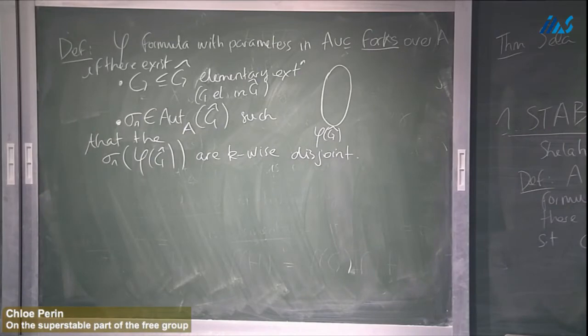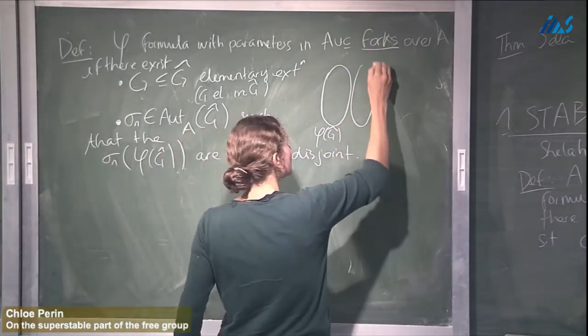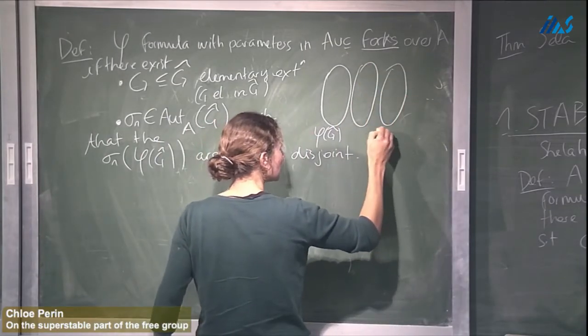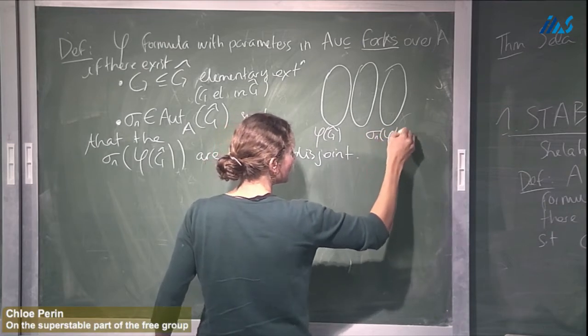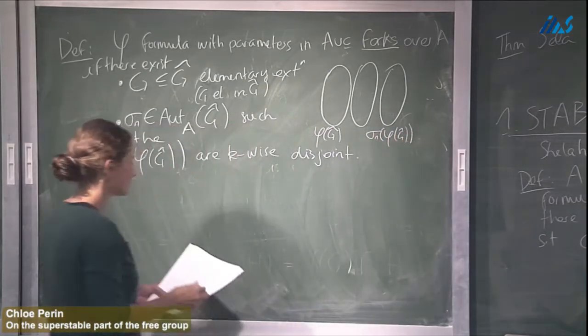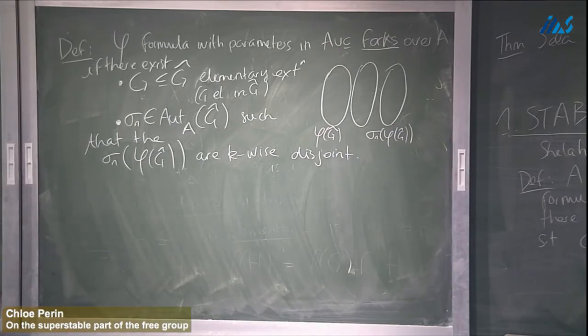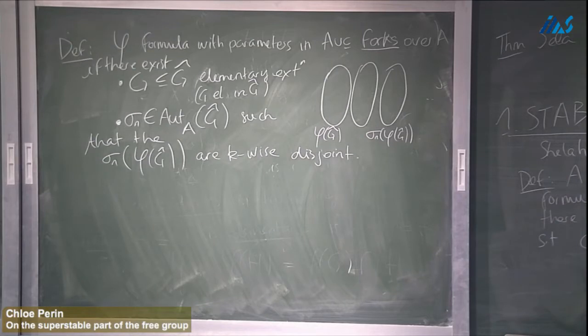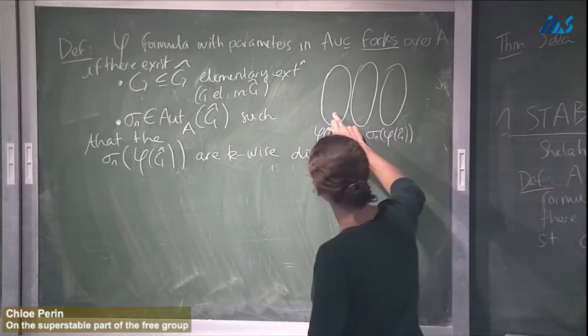Okay, so let us try to understand exactly what this means. So I have my set here, and I have all these translates, and they're disjoint in some sense. So think about a set. Remember that I wanted to define sets which are much smaller than the sets I could define over A. So suppose that I have a set which is definable over A, which contains my original set.